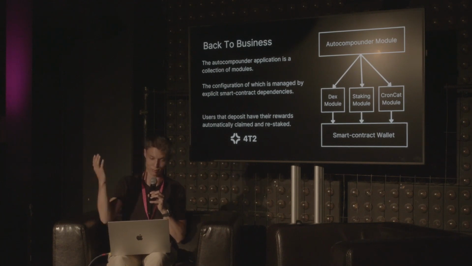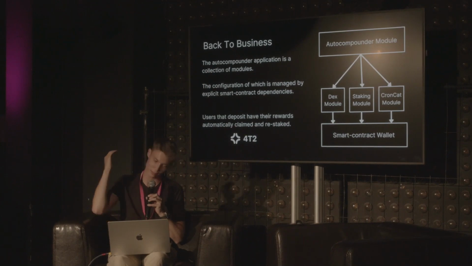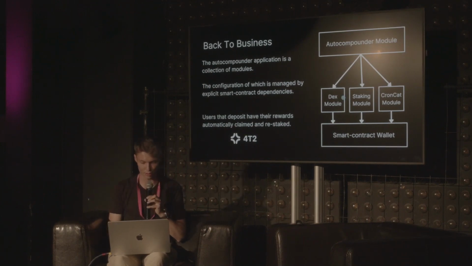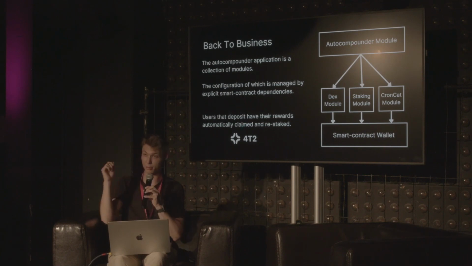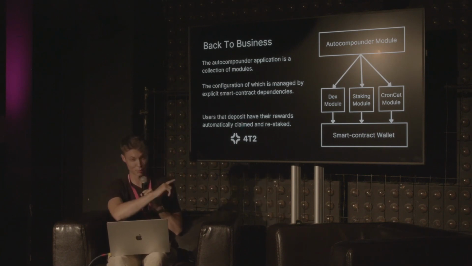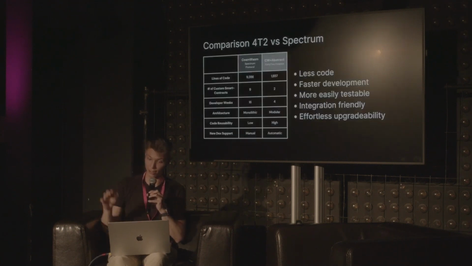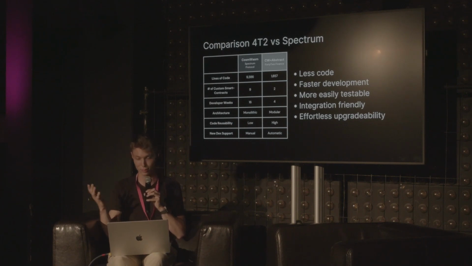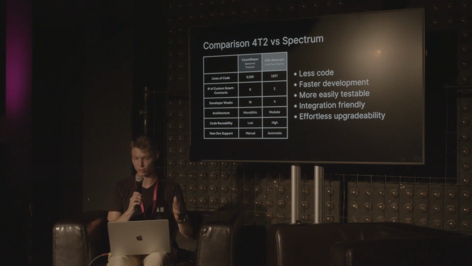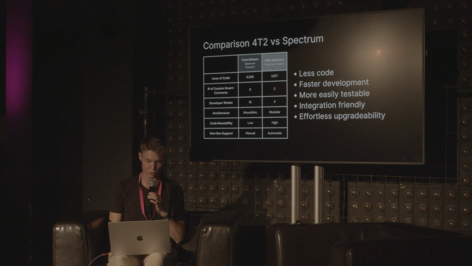And now users have the ability to deposit their funds and earn rewards on them. And now shout out to 42 because they've actually built this. This is something that we're working on with them. And this allows us to create a comparison. So Spectrum Finance is an auto-compounder that was deployed to the Terra network. 42 is the Abstract-enabled version of it.